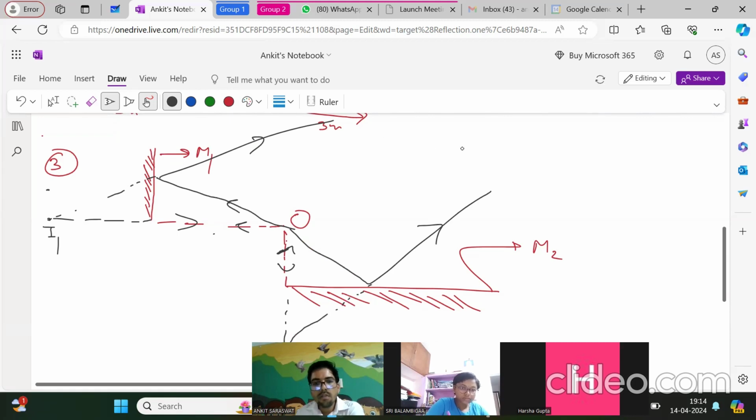So this is any observer, the eye of the observer. Clear? In his eye, the reflected rays will enter. Then he will see these two virtual images. Clear? Any doubt?